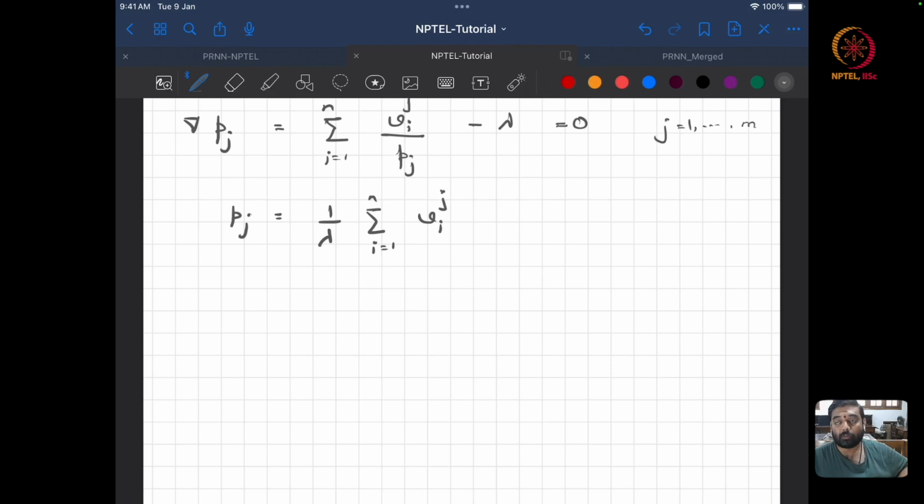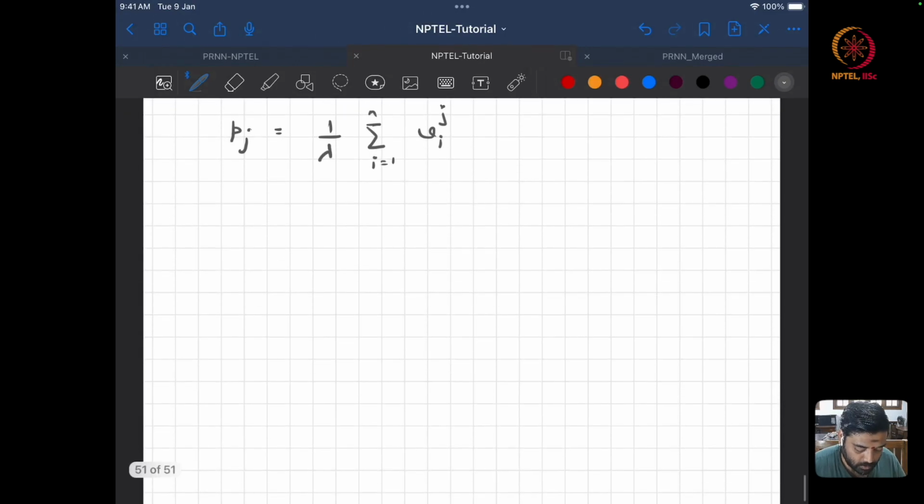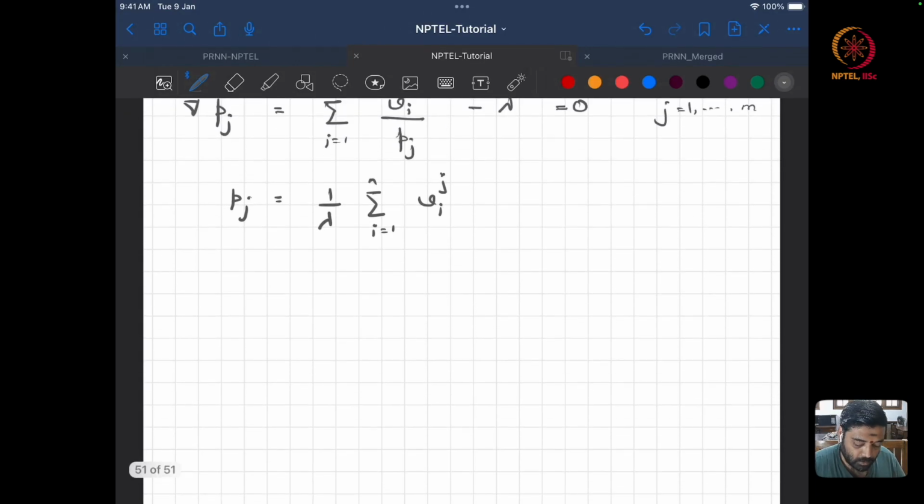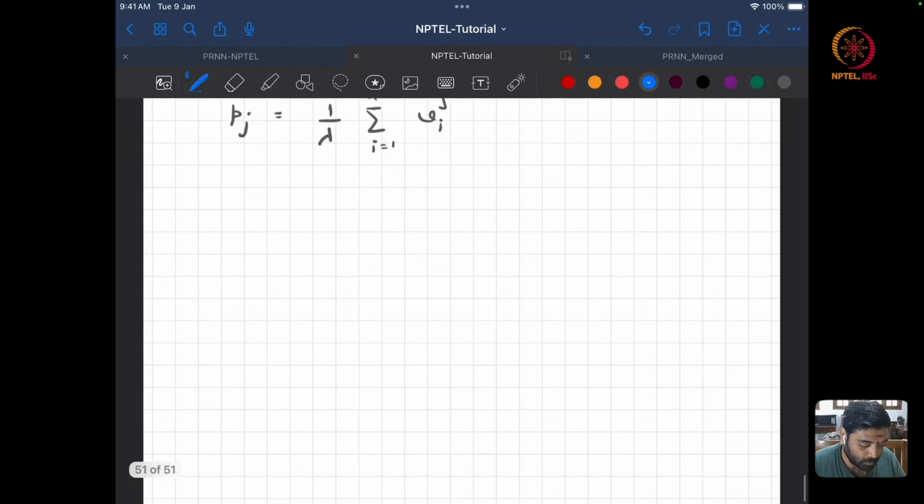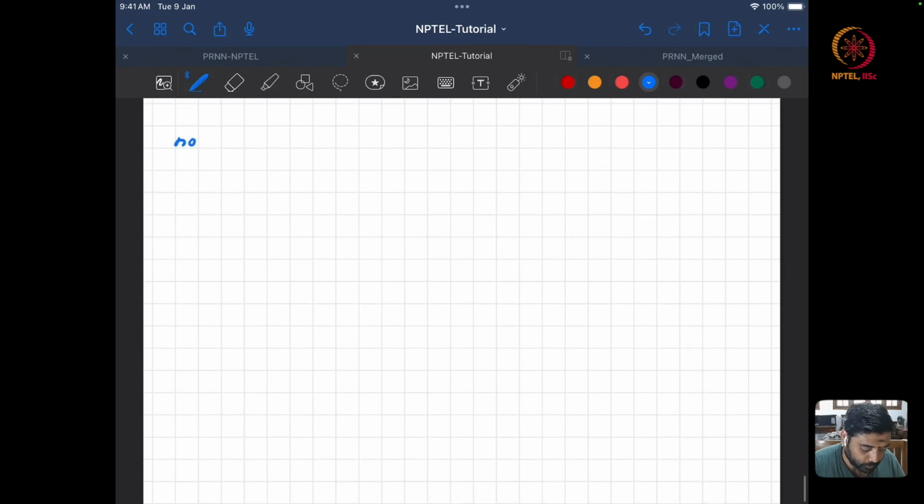Correct? So now what is the value of lambda? We have to use the constraint. What is the constraint? If you take the sum over j equals 1 to m of Pj, it has to be 1. Correct?